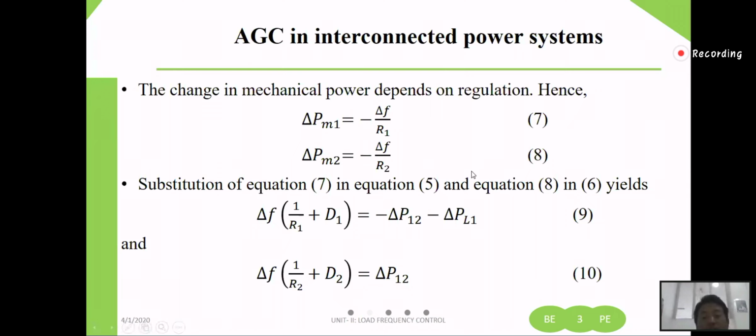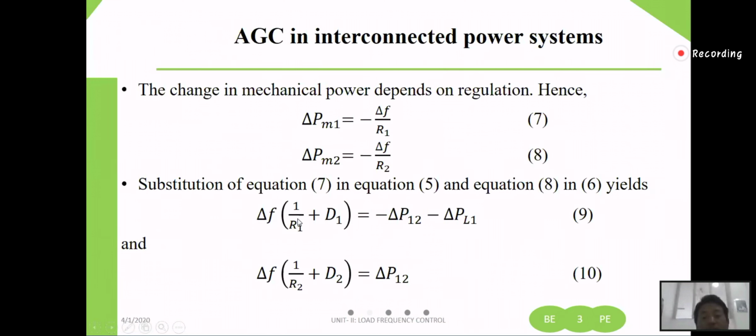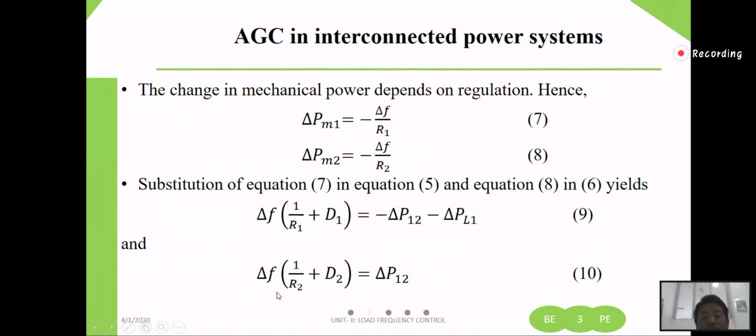Then substituting equation 7 in equation 5 here, you will get del F into 1 by R1 plus D1 equal to minus del P12 minus del PL1. So let it be equation number 9. Similarly, you substitute equation 8 in equation number 6 here, and you will get equation number 10.